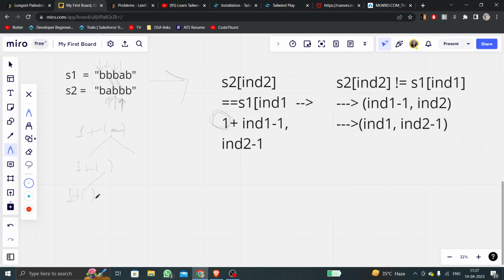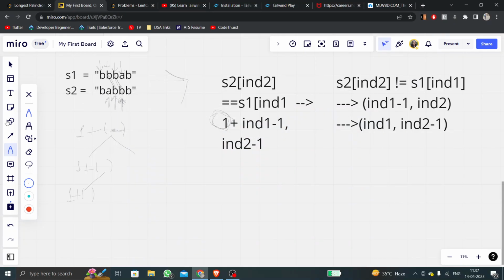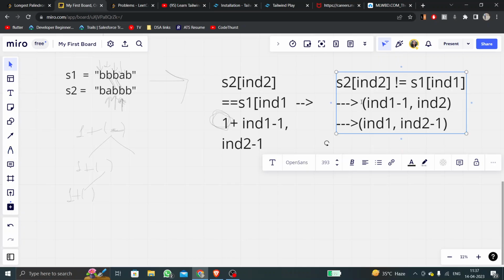You will only understand this if you have a good understanding of how recursion works. Also, one more thing, we'll find the maximum of these two and we'll return the maximum, whichever function gives the maximum value, to our calling function.